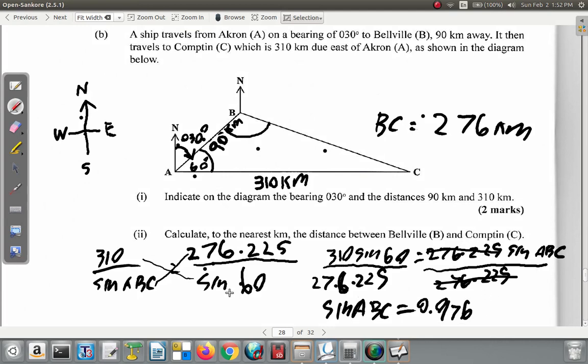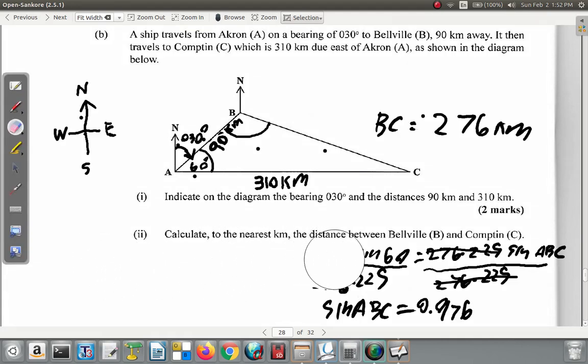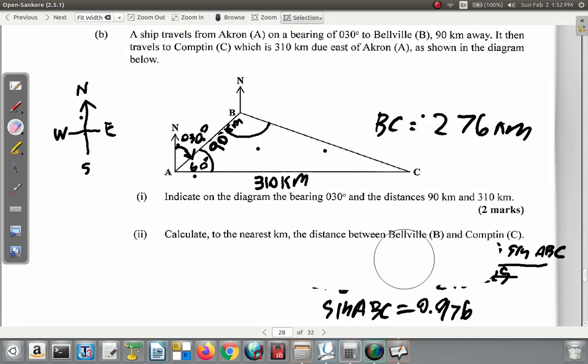Now, therefore, let me just erase some of these to get space. We're going to find out what that angle is now. So therefore, if the sine of ABC is 0.972, then what is ABC?